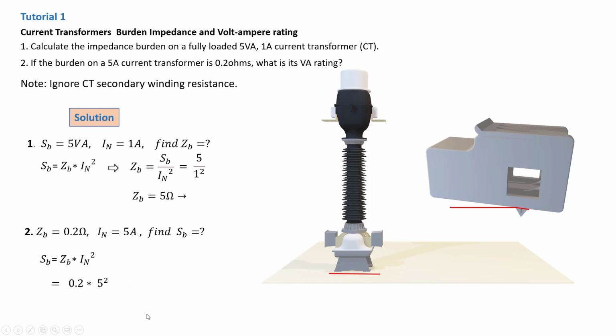We replace in the formula, and that is 0.2 times 5 squared, which gives us 5 VA. So you can see both current transformers have the same VA rating. The only difference is that one has a 1 amp nominal secondary current, the other has 5 amps, and they have different burden impedances.